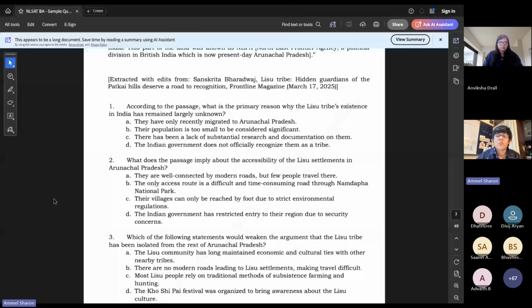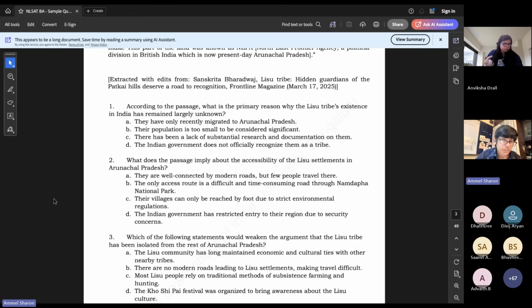According to the passage, what is the primary reason why the Lisu tribe's existence in India has remained largely unknown? There are 4 options that may or may not be viable. They have only recently migrated to Arunachal Pradesh. Probably not true. Their population is too small to be considered significant.